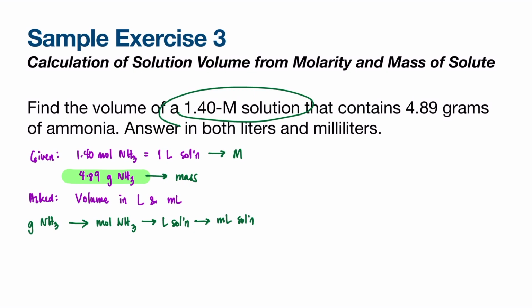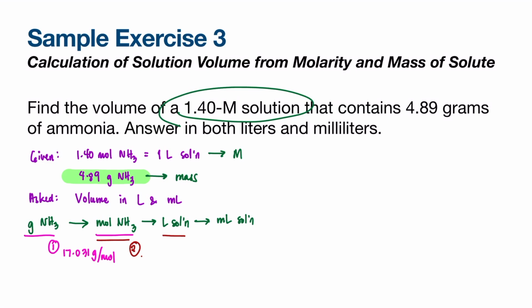Now that we have the strategy, let's identify our conversion factors. To convert from grams of ammonia to moles of ammonia, the conversion factor will be the molar mass of ammonia, which is 17.031 grams per mole. Next, to convert the moles of ammonia to liters of solution, the second conversion factor is the molarity of the solution because it connects the moles of solute to liters of solution.